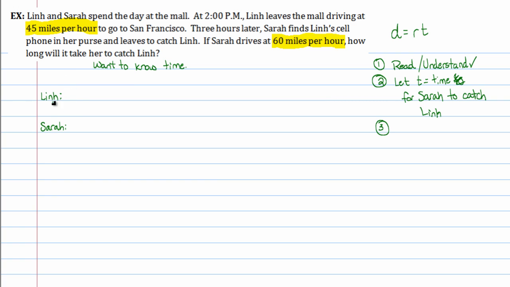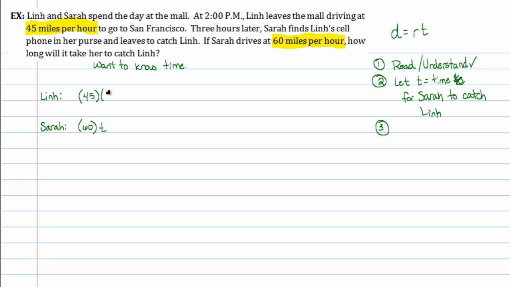I have 2 people, 2 expressions. Lynn is traveling 45 miles per hour. Sarah is traveling 60 miles per hour. The time that Sarah has been driving, we said that's t. T is the time for Sarah to catch Lynn. So t is the amount of time that Sarah's been driving. So 60t should be the total distance that Sarah's driven.